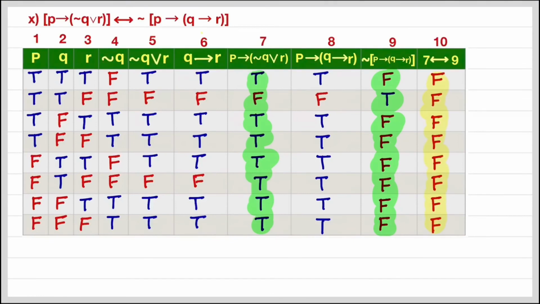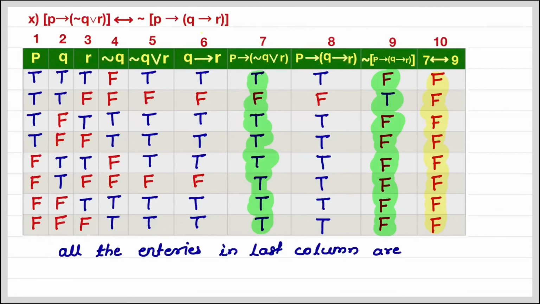All the entries in column number 10 are F. Therefore, the given statement pattern, that is P implies negation of Q or R double implies negation of P implies Q implies R, is a contradiction.